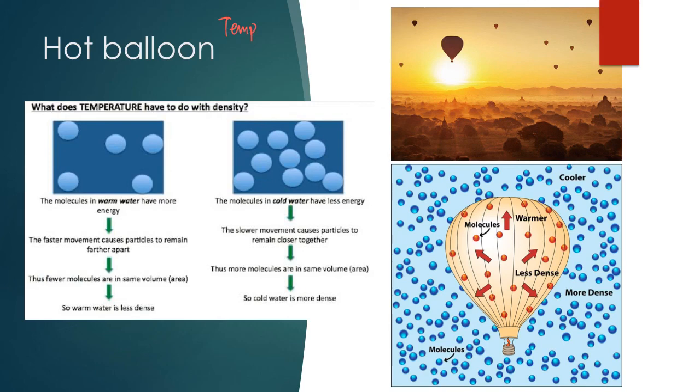Temperature can affect the density. Okay, so let's take this example, a hot balloon. So why can temperature change the density? Let's take this diagram example. We have a heat source here, and the heat source keeps heating the air within this balloon. So these particles, the red particles, heat up.